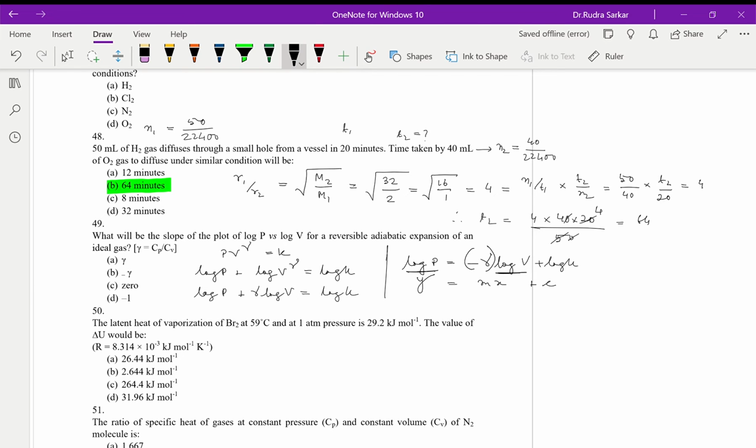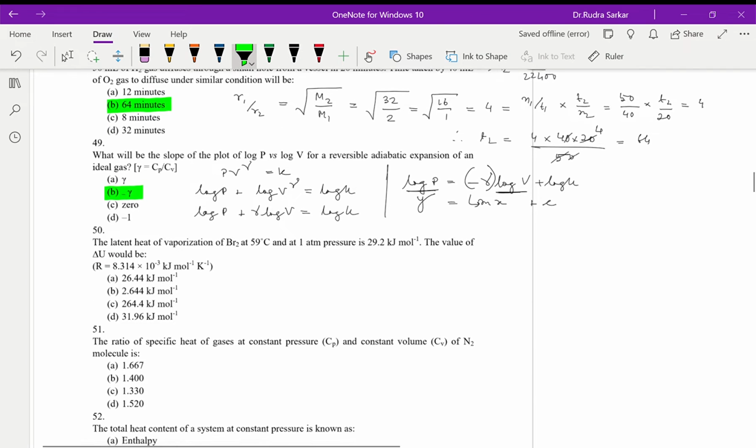We can see it is minus gamma. So the answer over here is going to be minus gamma.